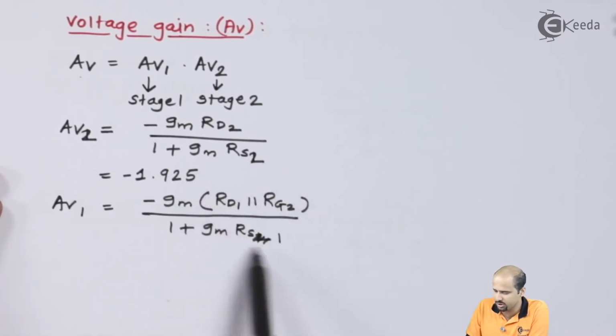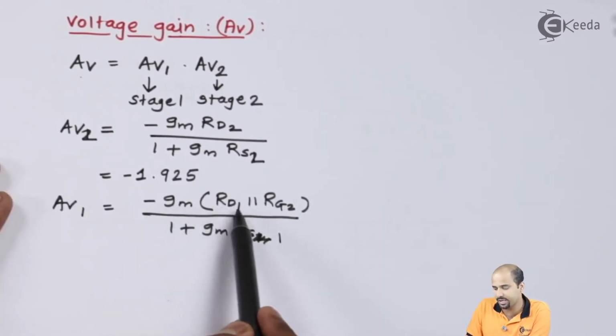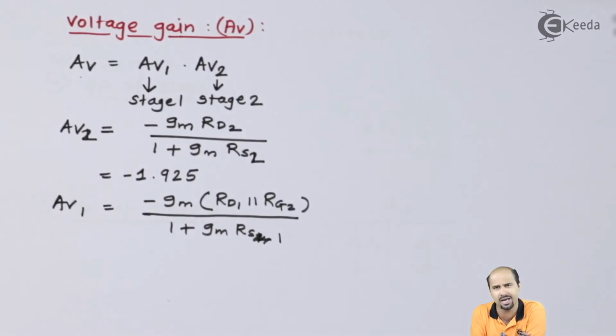Here we have to take GM into RS1. GM into RD1 parallel RG2. Now RD1 parallel RG2 will become the same as RD1 only. Why is this so? Because RD1 has a value of 1.8 kilo ohm, RG2 has a value near about 7 mega ohm. So if you take the parallel combination, that will be nearly about RD1 only. Even if you neglect the value of RG2, that will also be fine, but you have to put it in the formula so that the examiner will get to know that yes, you know the concept that stage 1 is connected to the input impedance of stage number 2.